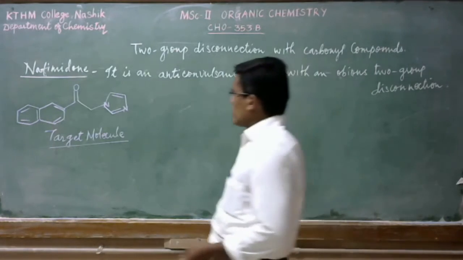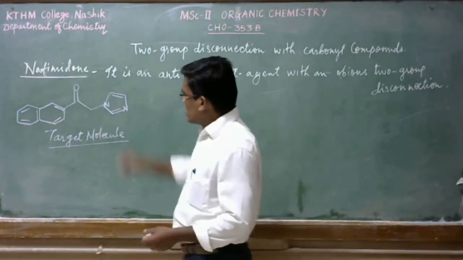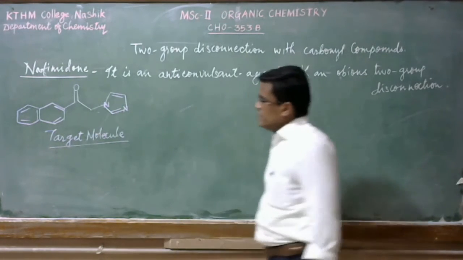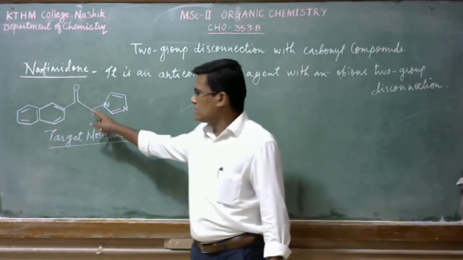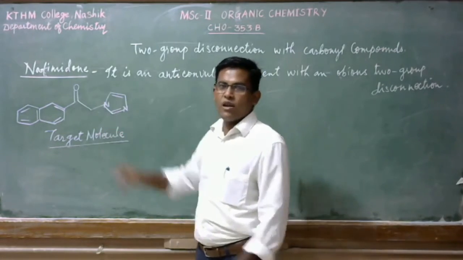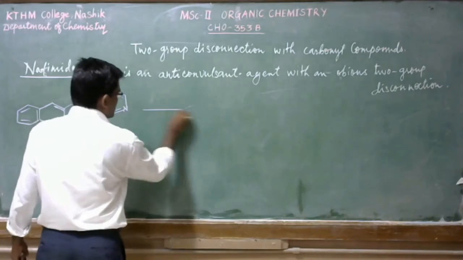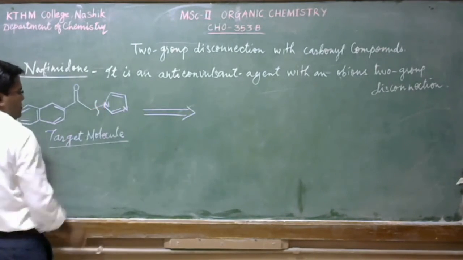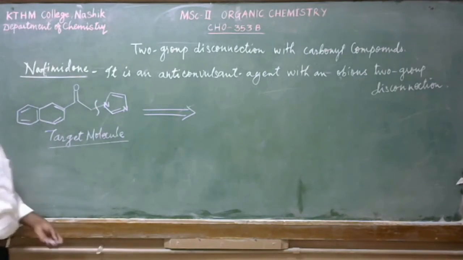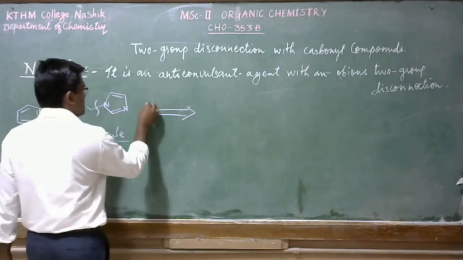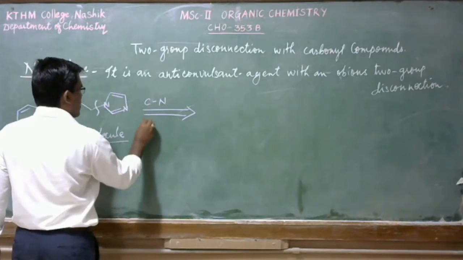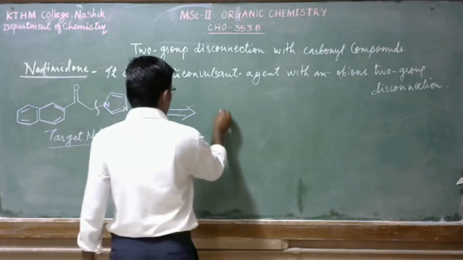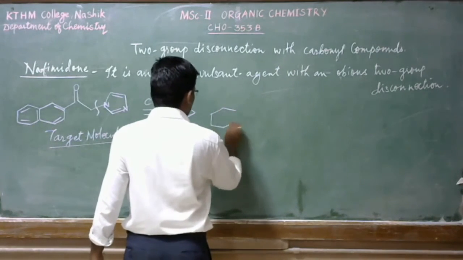So when you look at this molecule, you will spot the CN bond, okay, so that we can have the cleavage, the CN bond cleavage. So let's put this retrosynthetic arrow. When you draw a line like this, when you cleave this CN amine bond, we will get these two synthons.